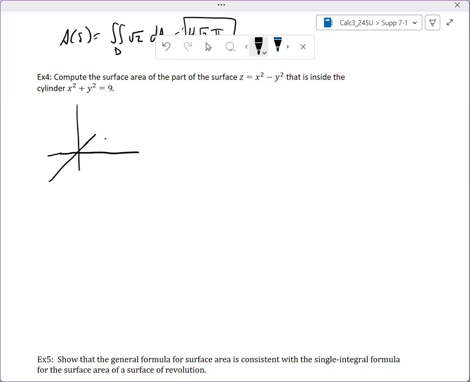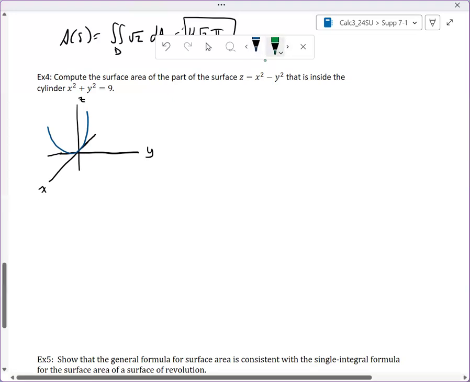Okay, so this surface is z equals x squared minus y squared. Well, if y is 0, if we're in the xz plane, we just get something that looks like z equals x squared. So in the xz plane, we have a tracing that looks like this. But if x is 0, then we're in the yz plane, then z is negative y squared.